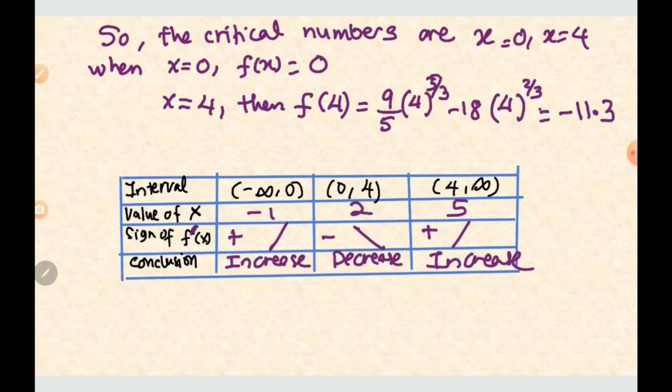Okay, so from the table here we can conclude that at the point x equals 0, there is a maximum point here, and at x equals 4, this line represents the line for x equals 4, we have one minimum point here. Okay, yes, that is confirmed, we have one maximum point here and one minimum point.